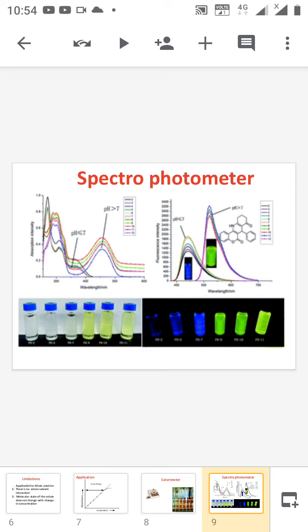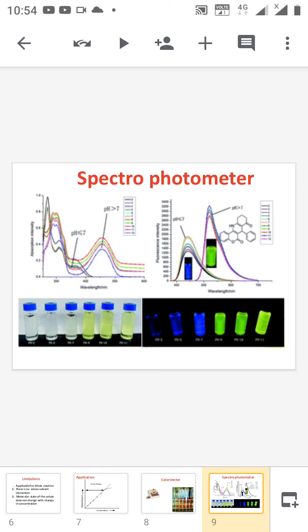Here also we can measure the concentration of the colored material by measuring its intensity. Here we can see that the intensity decreases periodically. So from the intensity in the graph, we can measure the concentration of the substance.